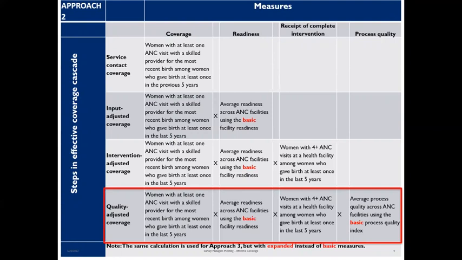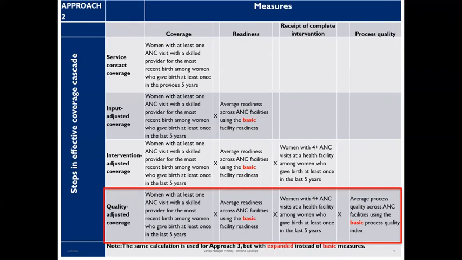Now, you may be wondering how we selected items for readiness and process quality. The basic measures of facility readiness and quality of care were created for antenatal care and sick child care based on previous DHS research to identify a quality of care index. Now, for approach 3, which again combines DHS and SPA data, this table would stay exactly the same, but where you see the word basic in red, you would replace it with the word expanded.